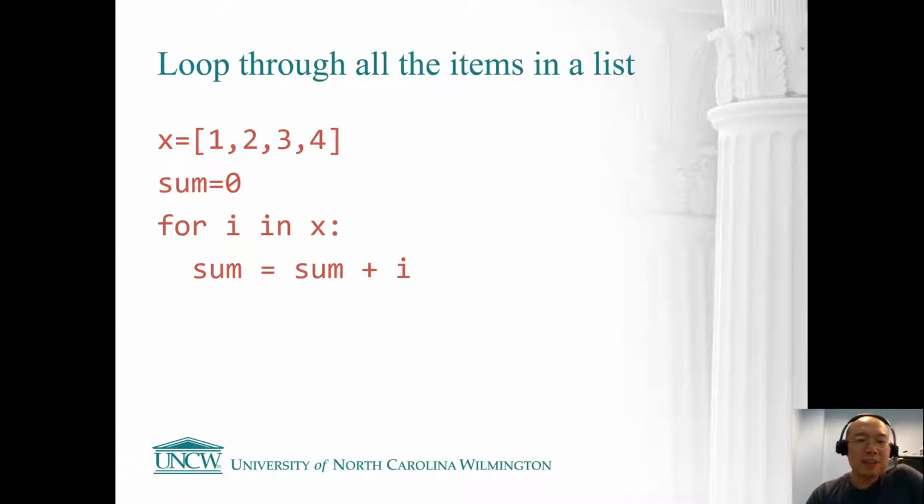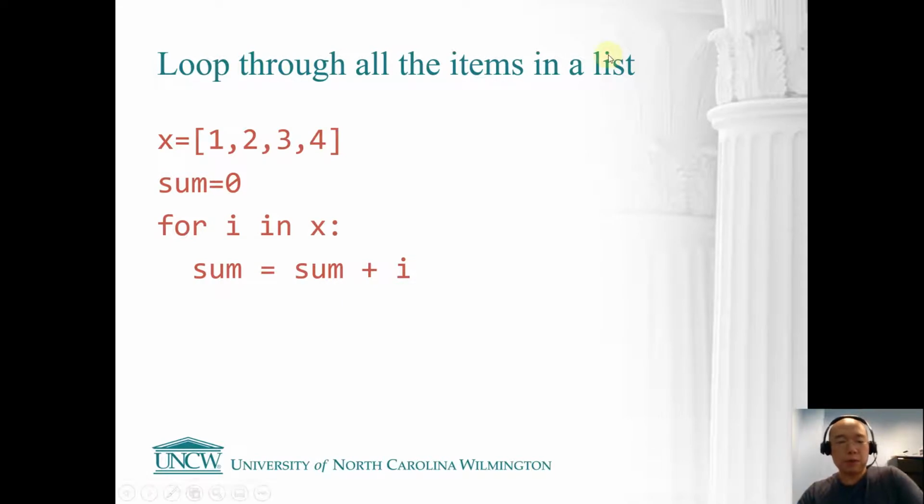Okay, and this is a very small example. We created a list of 4 integers. And our first task is we want to add all the values together into a variable called sum. And how do we do that? Remember, we can use the syntax like for a control variable in a sequence, right?